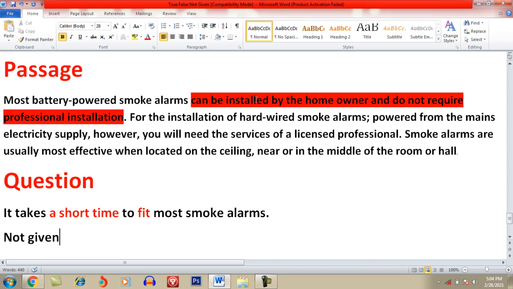So the installation of these smoke alarms needs no professional, but in the question they are talking about time, that it takes a short time, while the passage doesn't discuss anything about time. The word smoke alarm is present, but there is no information about time in the passage, and that's why the answer to this question is not given.